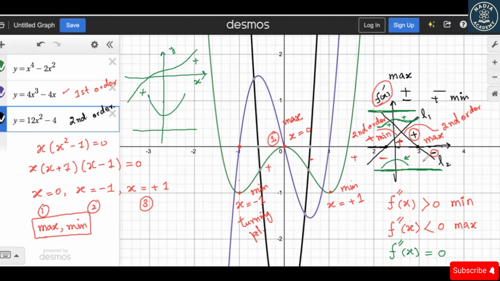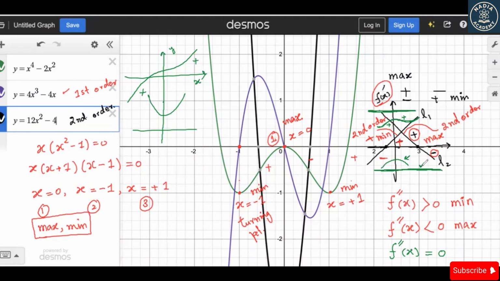In that case, you could see our second order derivative. Where the first order derivative is a straight line, the second order derivative can be 0.